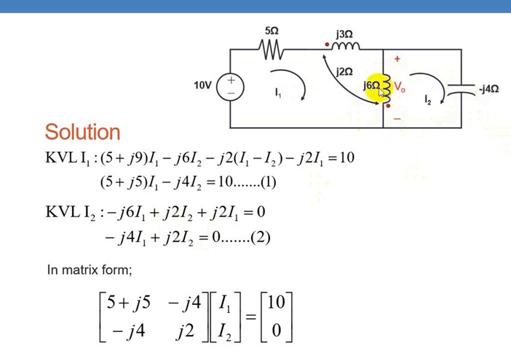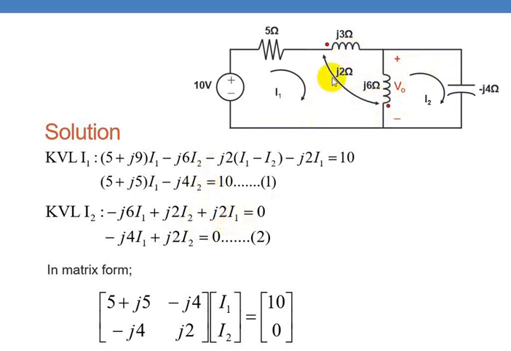That is minus J4 plus J6 is J2 into I2. Then the mutual inductance term. So since one coil is present, so there will be mutual inductance drop. So that mutual inductance reactance is J2 into current in the neighboring coil is I1. So right here J2 into I1.